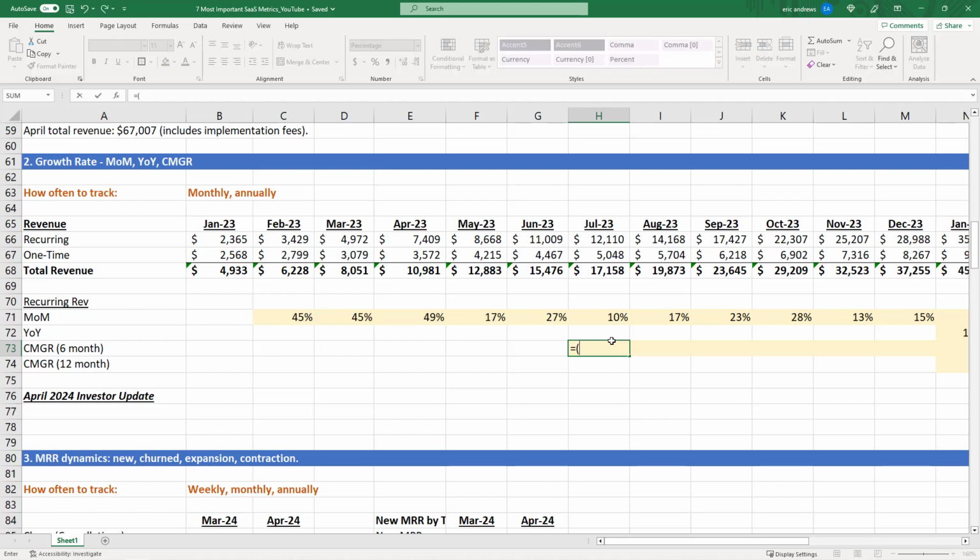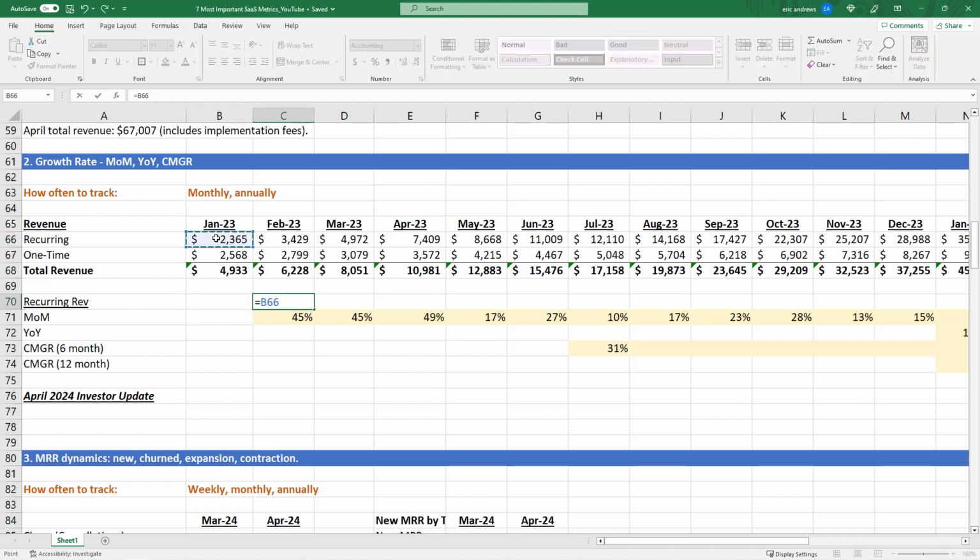So what we're going to do is we'll take July, divide it by January, raise it to the power of 1 divided by 6, and subtract 1. This means that if we started with this number in January, this number compounded at an average monthly growth rate of 31% to get to the 12,000 number in July.